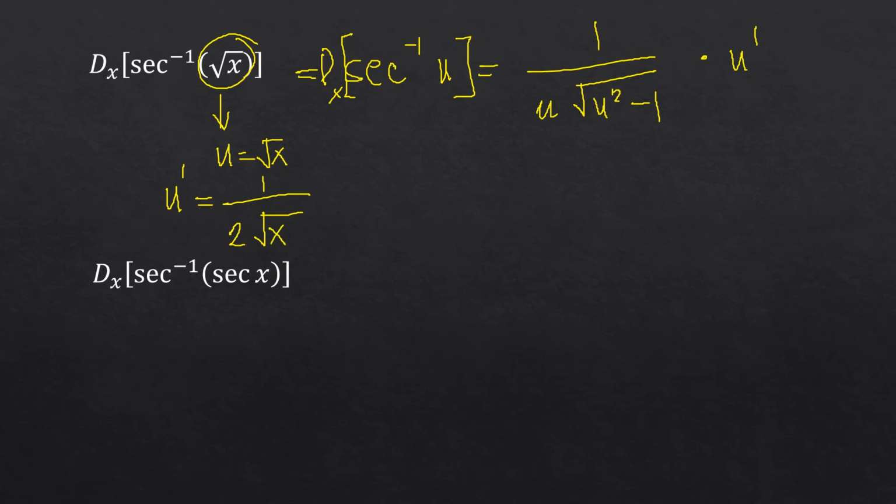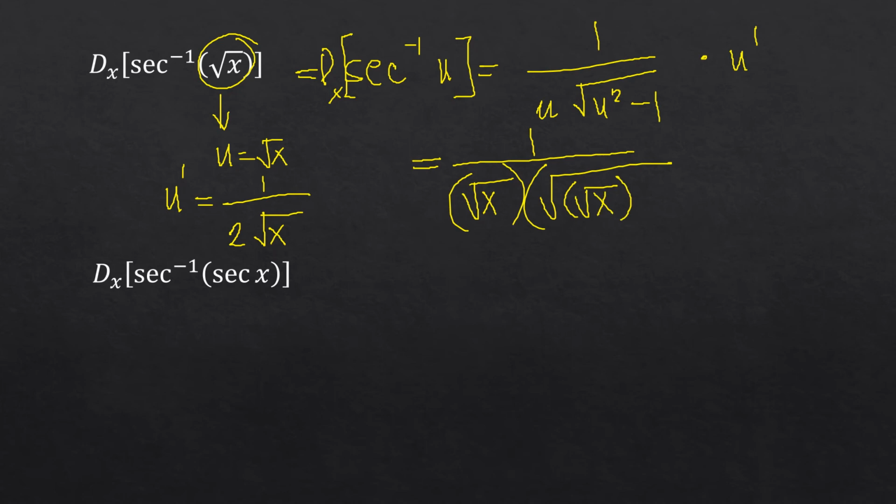So our final answer will now be written into 1, let u be equal to square root of x, so 1 over square root of x, multiply that to the square root of x minus 1, times u prime, which is 1 over 2 square root of x. So we can observe here, we can cancel out something here, it becomes simply x.